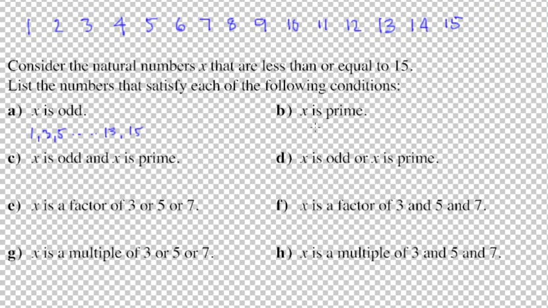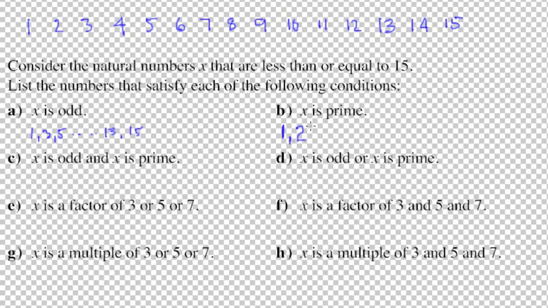X is prime. Okay. A prime number is one that has no factors other than itself and 1. Now, sometimes they say that 1 is not a prime number and they concoct elaborate reasons why it isn't. I think it is. If you see other books that say it isn't, well, believe who you want. It doesn't come up all that often. 2 is a prime number.